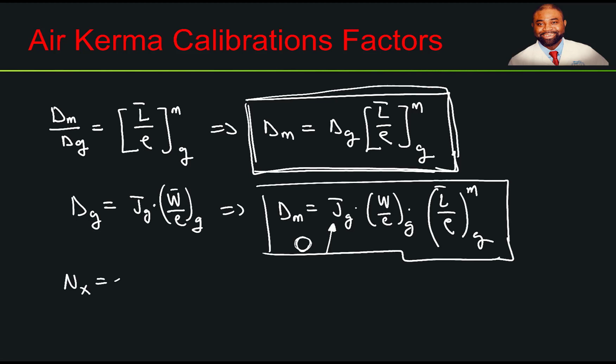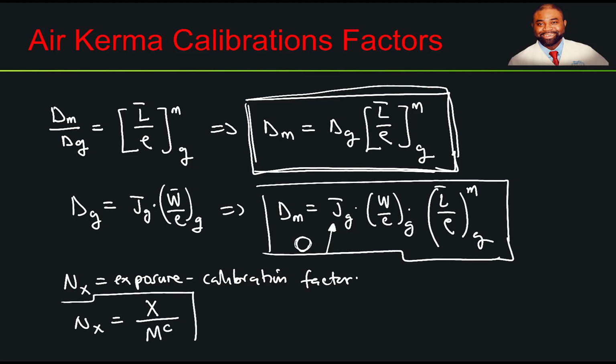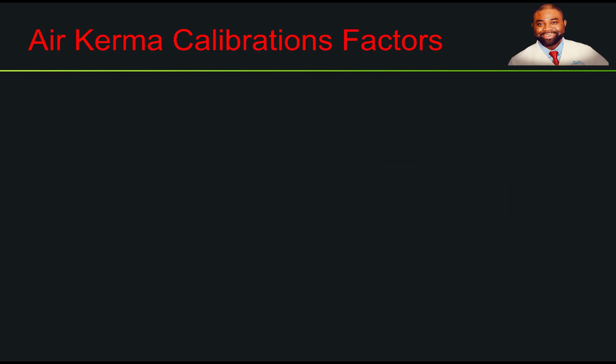N_X is the exposure calibration factor. It is essentially defined as the exposure measured within the sensitive volume divided by the corrected electrometer reading, corrected for temperature and pressure.